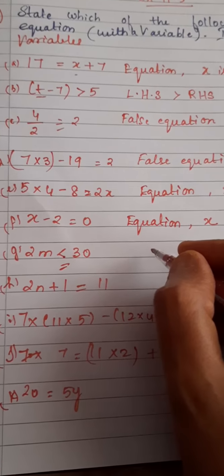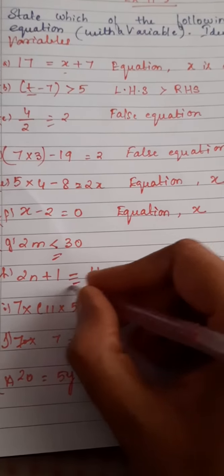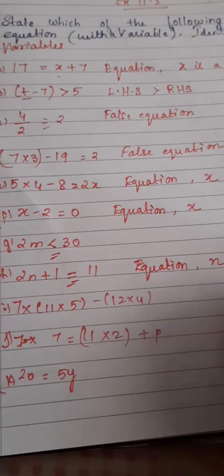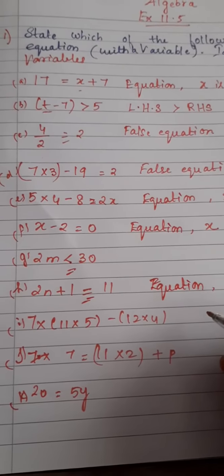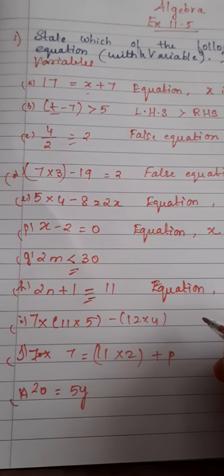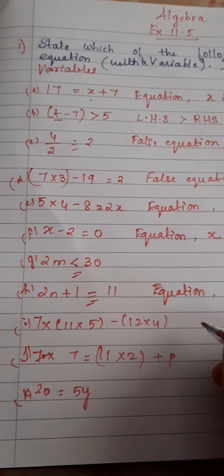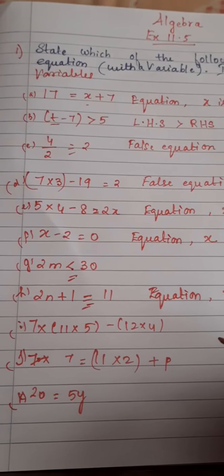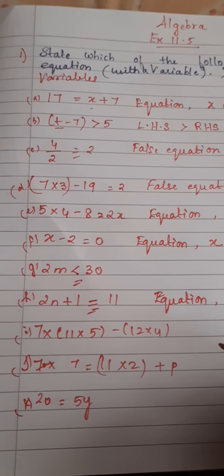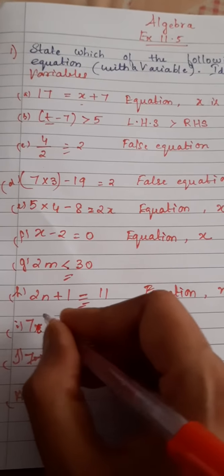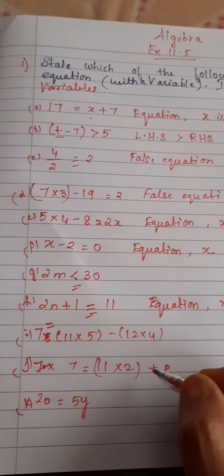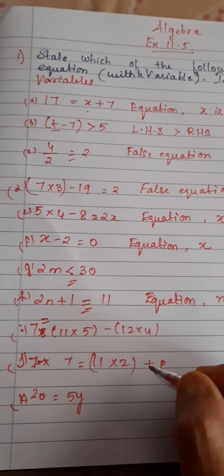RHS. Next is an equation and variable is n. Next is question number I. 7 equal to 11 into 5.